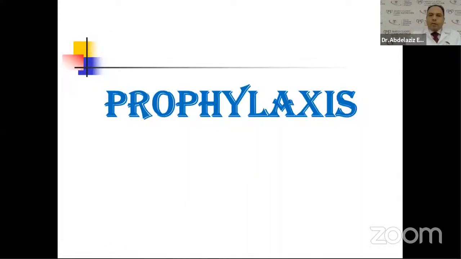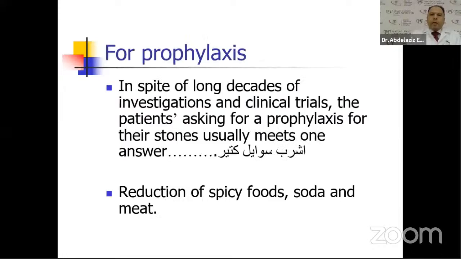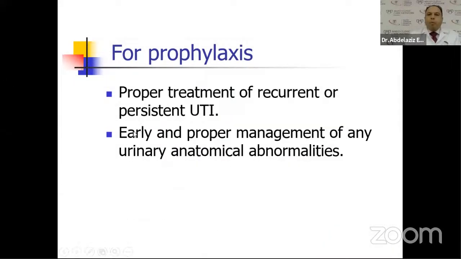About prophylaxis for stone formation: in spite of long decades of investigation and clinical trials, the patient asking for prophylaxis for these stones usually meets one answer: please drink a lot of water. Also, reduce spicy foods, soda, and meat, and properly treat recurrent or persistent urinary tract infection, which is one of the causes of stones, because as we know, there is the triad of infection, obstruction, and stone formation.